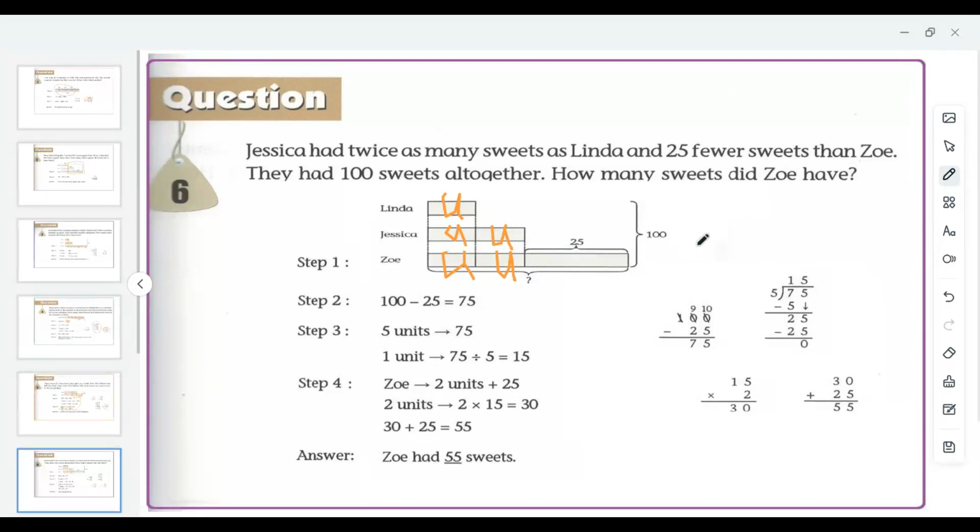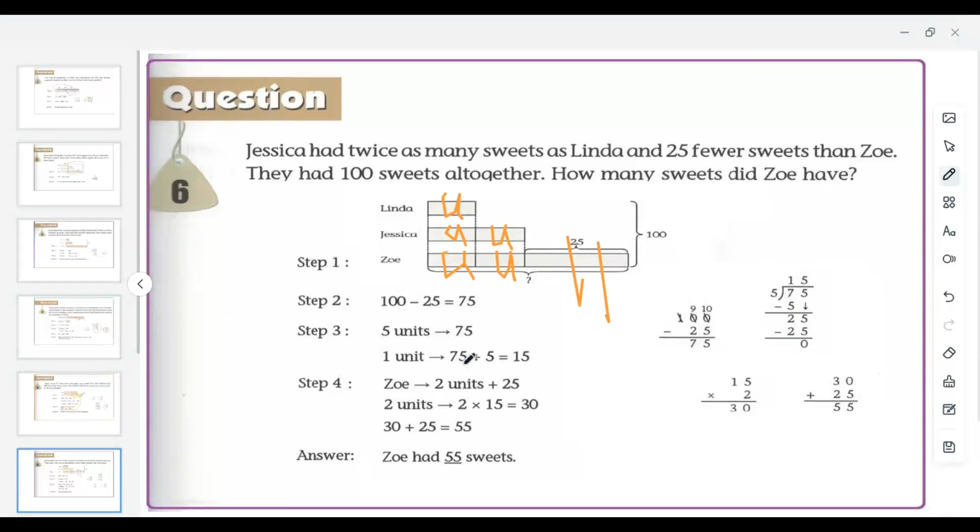So we do this other way. We take 100 away this 25. Then just should be 5 units, right? So we 100 take away 25, is 75 left. Now we can have 5 units is 75.